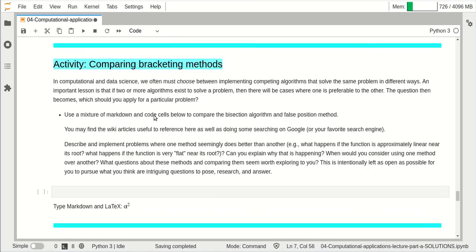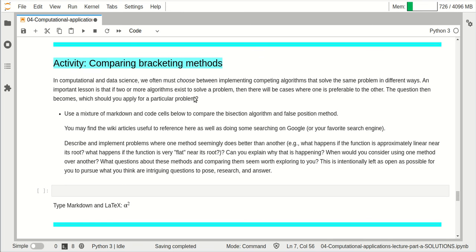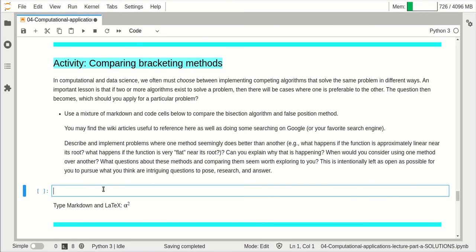And then I ask you to compare bracketing methods. This is kind of like a summary activity, so I'm not going to provide the solutions for it. What you should really do is show some results. I would do it without the widgets, where you show some examples, potentially where one method outperforms the other in terms of providing good approximations of a root of a function sooner than the other one does.